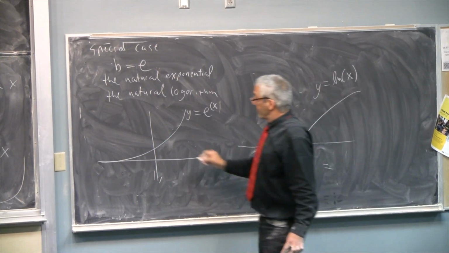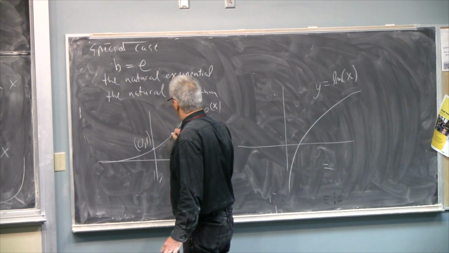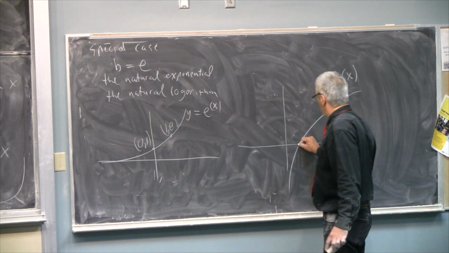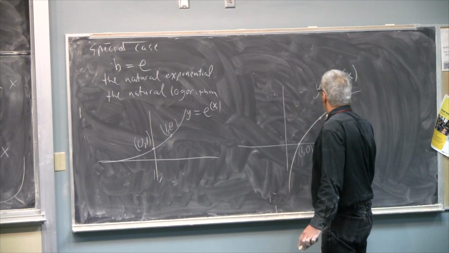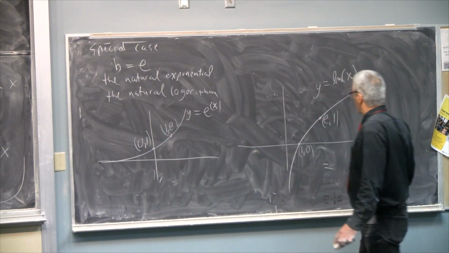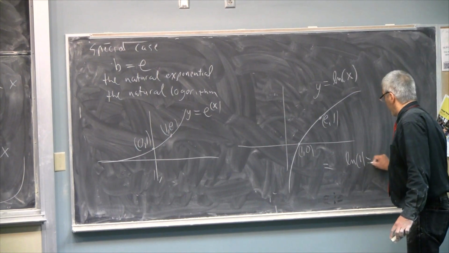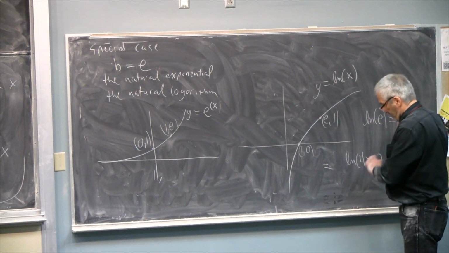So this graph goes through (0, 1), and it goes through (1, e). This graph goes through (1, 0) and (e, 1). So you see that ln of 1 is 0, and ln of e is equal to 1.